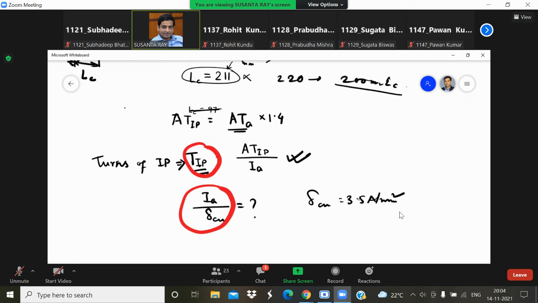Another thing is the dimension. Dimension is a little bit lesser. The interpole will be like this. Suppose this is the interpole and the pole will be like this. Generally the pole height, if this is your HP, the interpole height is a little less than that.